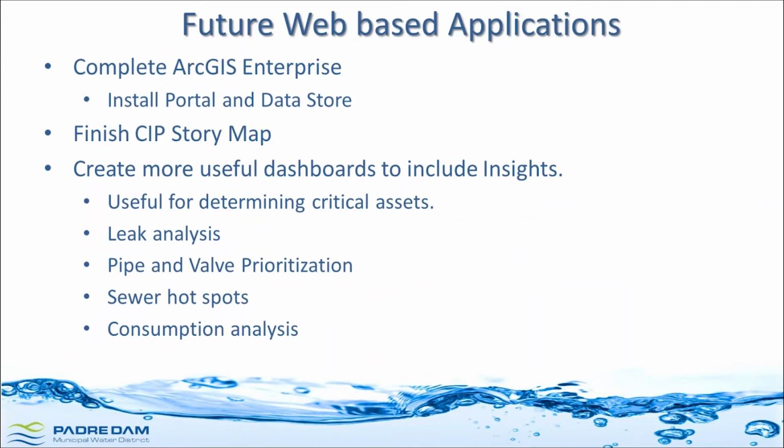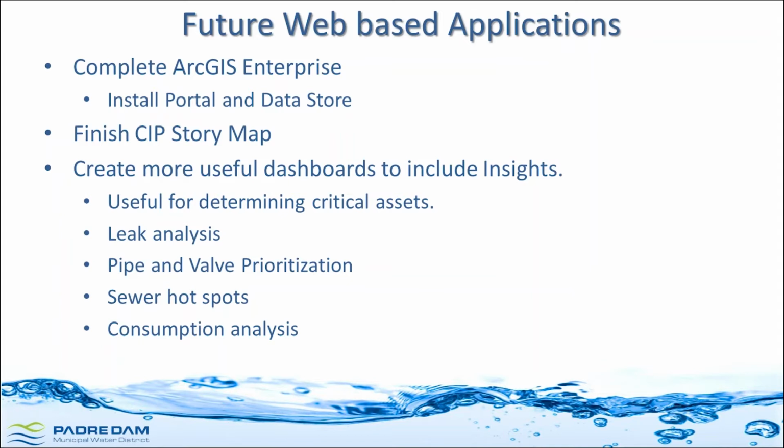Okay, so lastly, our plan is to complete our ArcGIS Enterprise. We're going to install Portal and the data store, and we want to finish the CIP story map and make that available publicly. And we're really excited to create more dashboards, especially with the Web App Builder, where you can group and customize what data is seen, and that's really been proven to be helpful for other people in other departments.